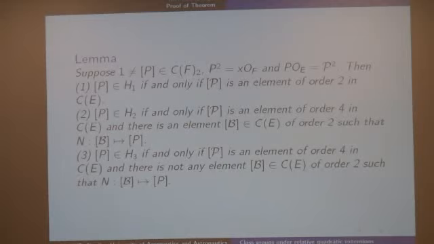Also, P belongs to H2 if and only if P is an element of order 4 in CE, and there is an element B belonging to CE of order 2 such that B norm equals P. And P belongs to H3 if and only if P is an element of order 4 in CE, and there is not any element B belonging to CE of order 2 such that B maps to P. This lemma is the key.